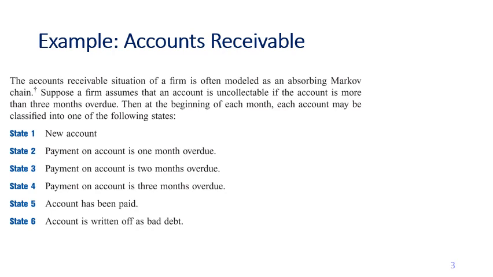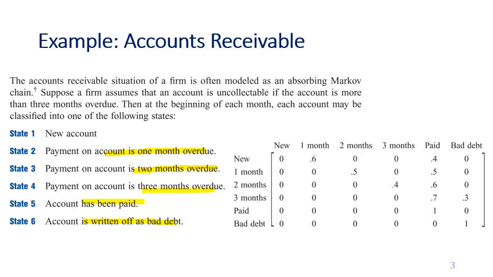At the beginning of each month, an account may be classified as a new account, payment on the account is 1 month overdue, 2 months overdue, 3 months overdue, or the status of an account is already paid, or because after 3 months the person is still not paying you back, you say that this account is written off as bad debt. And here's the transition probability matrix that shows the probability of transitioning from one state to another.